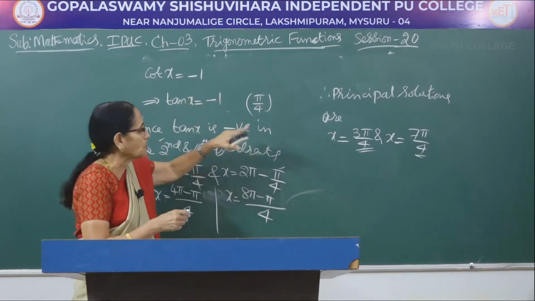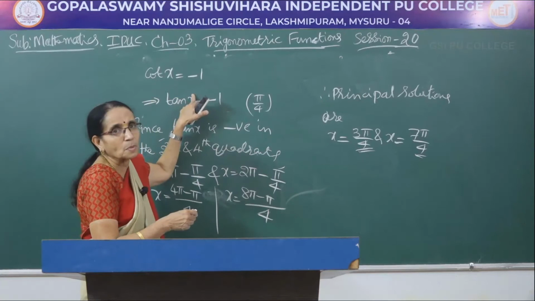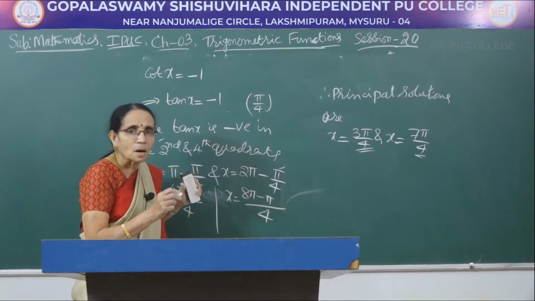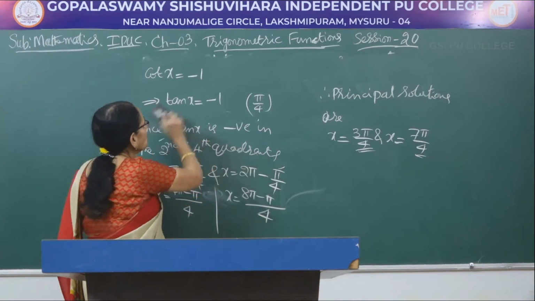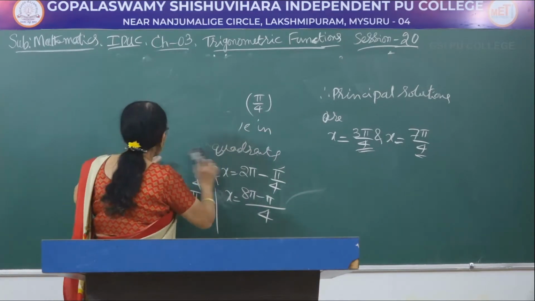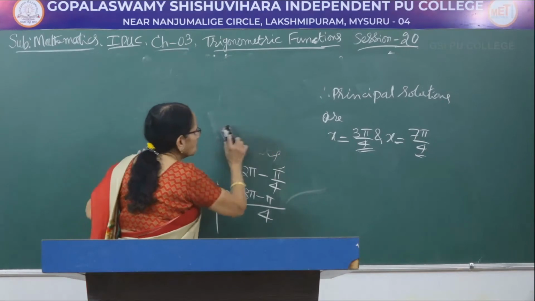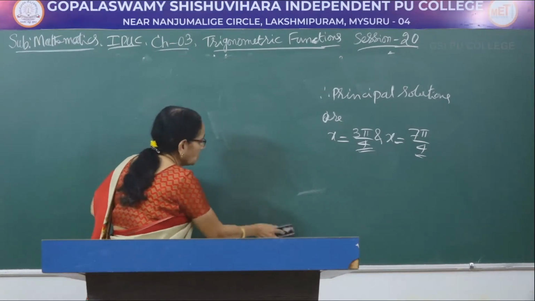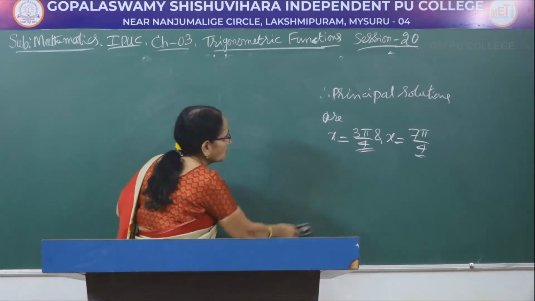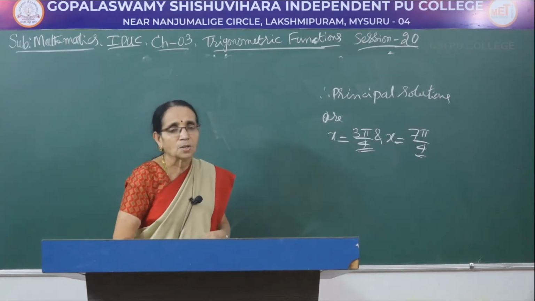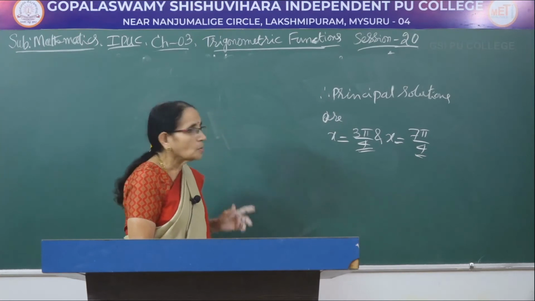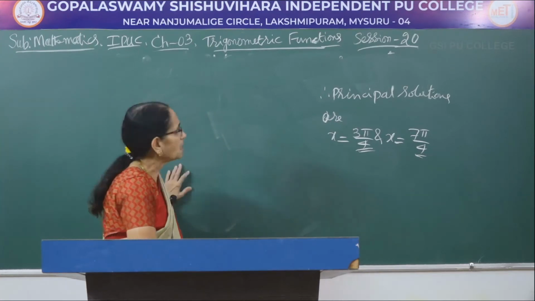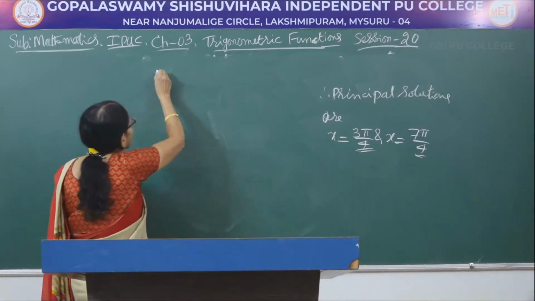Suppose you write 7 pi by 4 as 2 pi minus pi by 4, it is minus cot of pi by 4, again it is equal to minus 1. So, both these values of x will certainly satisfy the equation. That means, when you substitute the value of x in that equation, the right hand side value would always be equal to minus 1.